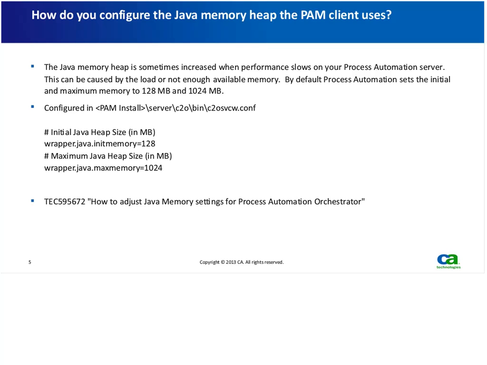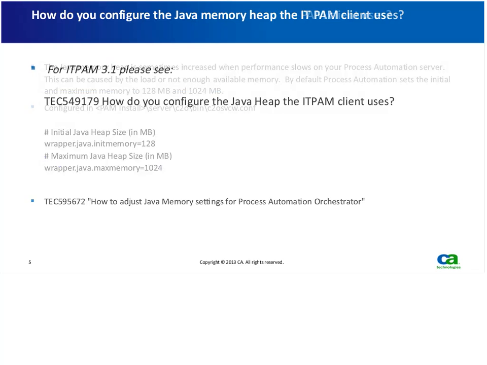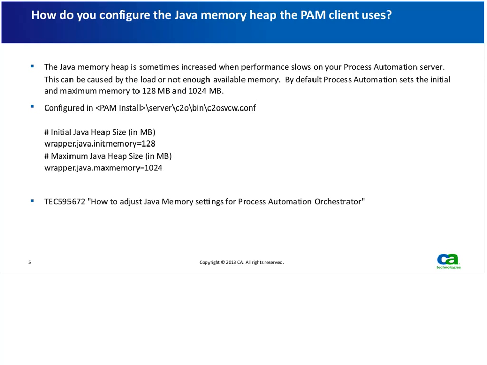With modifying the initial and maximum memory, you should keep the init and maximum memory the same so as not to stress the I/O on the server. So, for example, the init could be set to 1536, and the max could be set to 1536.